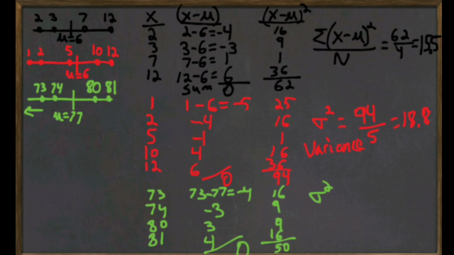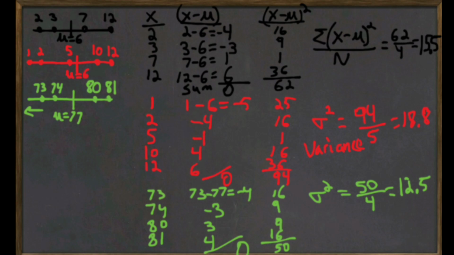We've now used uppercase sigma for the summation and lowercase sigma squared for variance. This is 50 divided by 4, right? Yeah, so that's 12.5. I think I did that right. So now we have a measure of variance for all three of these.